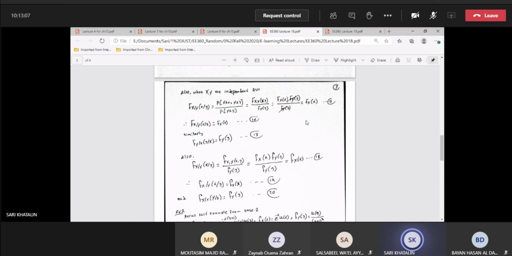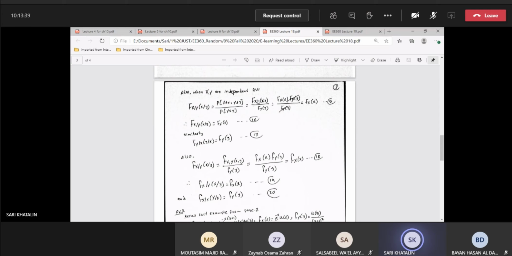On equation 3, on page 3 here, again, if x and y are independent, then as far as the conditional probability, let's say the conditional CDF of x given y, after you apply this, because we said this is equal to the joint CDF divided by the marginal CDF of y.